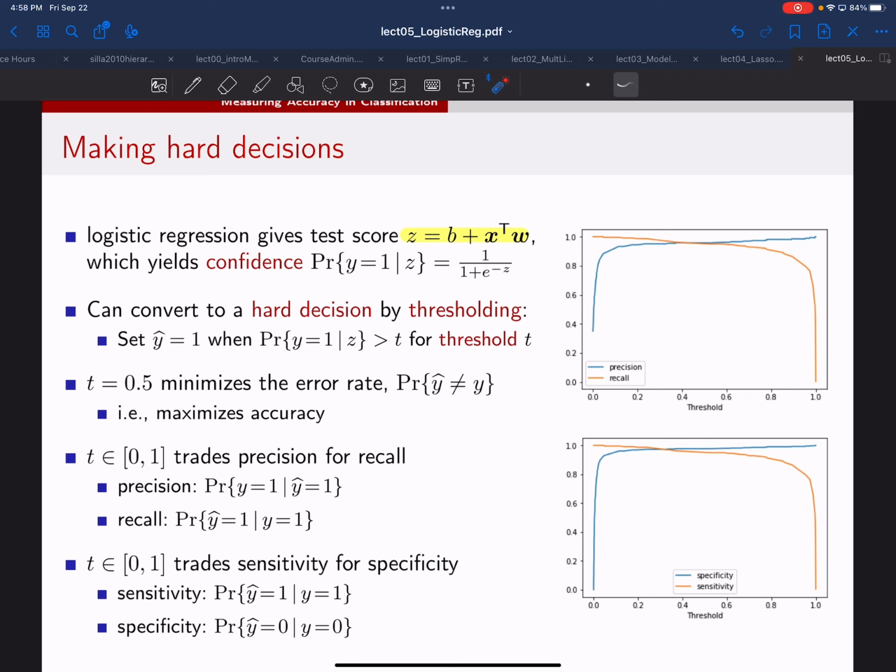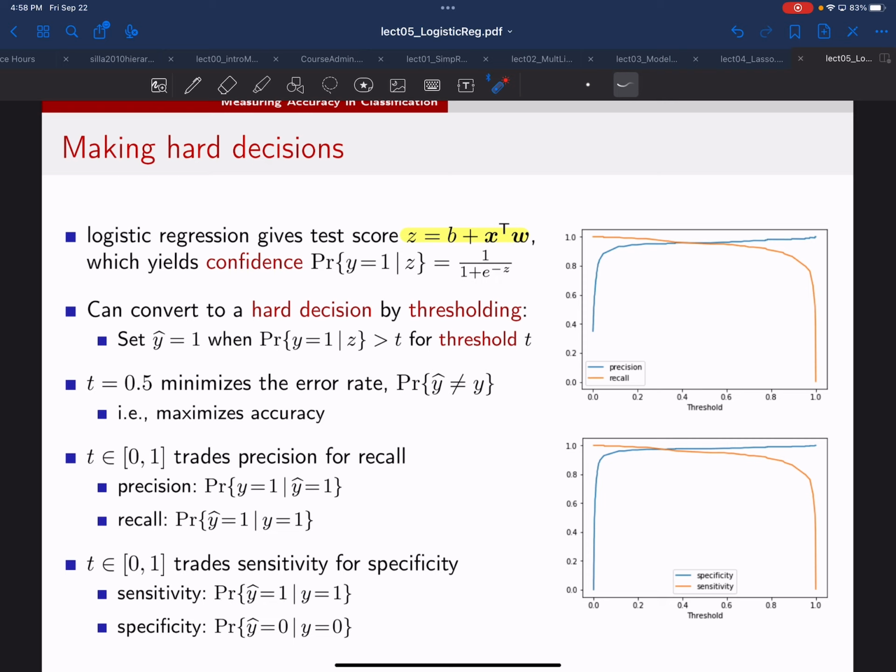And so we talked earlier about quantizing it, but actually when you quantize it, you lose information, right? You lose something about the confidence that is present in Z. So one way to get that confidence is to just plug it into the logistic model, which actually gives you a probability. And this is just a model.